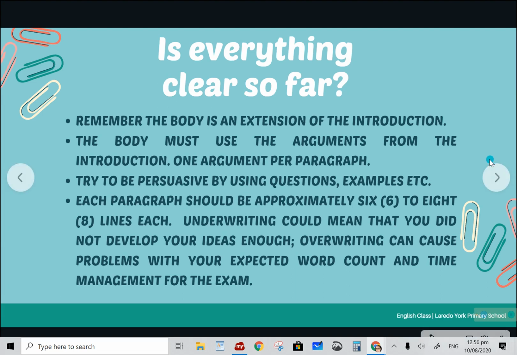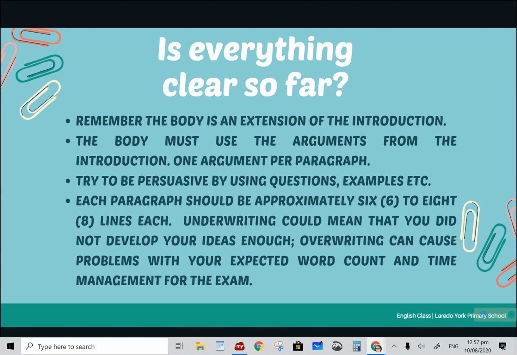Okay, so it is important that you understand in terms of your paragraphing how many lines you need to go to. 6 to 8 lines should work for most people unless you have a very large handwriting. But basically for the NCSE exam, your essays are supposed to be 350 words, and for CSEC, believe it or not, your essay is approximately 300 to 350 words as well.